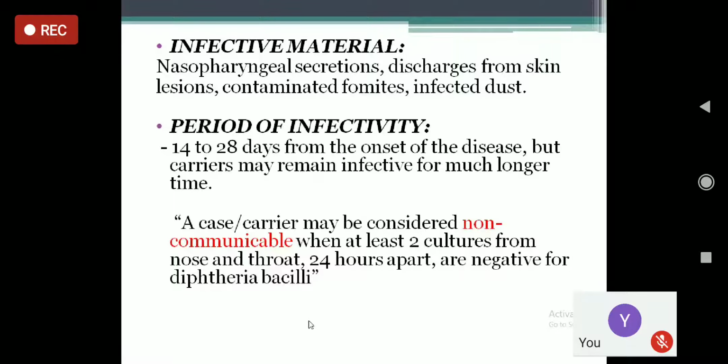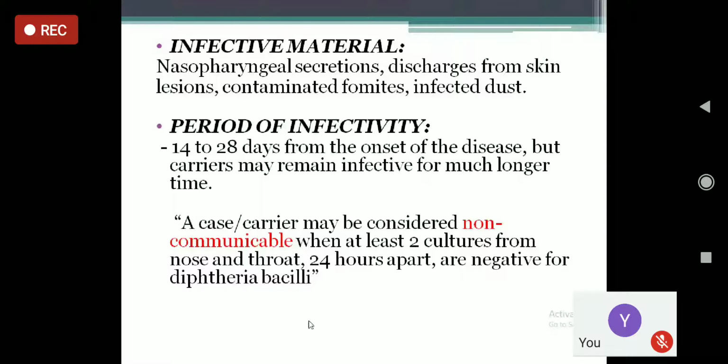Fomites means objects used by the diseased person, like cups, linens, clothes, bed sheets, utensils, and buckets. Water and food are not called fomites, but other objects which the patient uses and which are contaminated by their secretions are known as fomites.